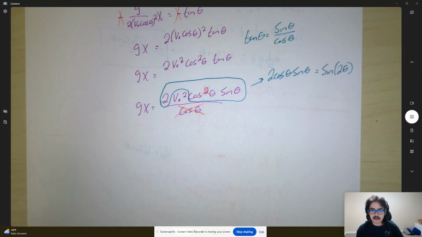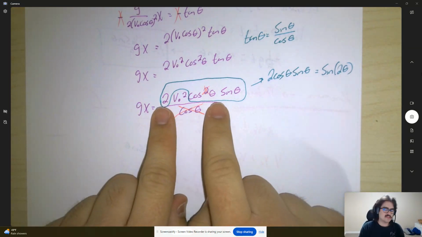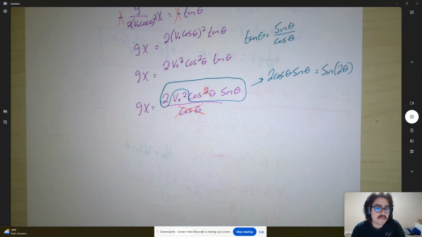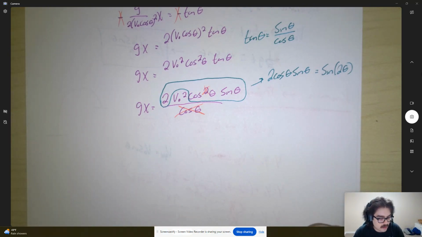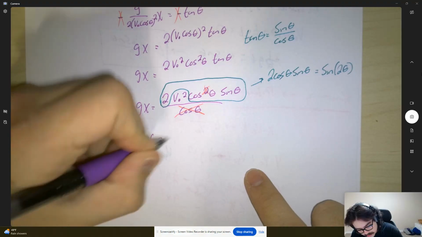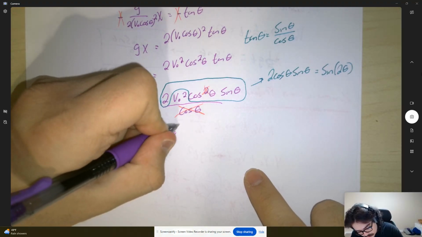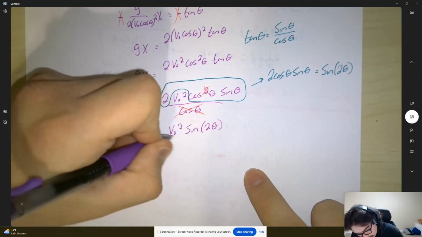So I'm going to now use that substitution because having all this stuff in there is so ugly. You can keep it if you want. I don't want to keep it though. So I'm going to substitute that in there to get a new form, which is gx is equal to v naught squared times sine of 2 theta.